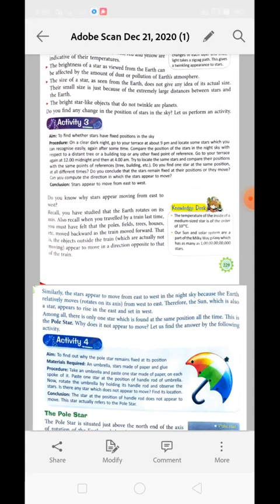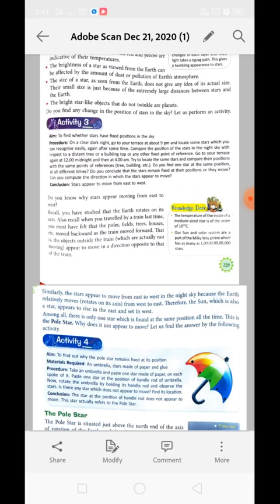When you are sitting in a train, the train is moving forward, so what you will see from the window is that poles are moving in the backward direction. Whenever we are sitting somewhere and moving in the right direction, every object appears to be moving in the left direction, right?